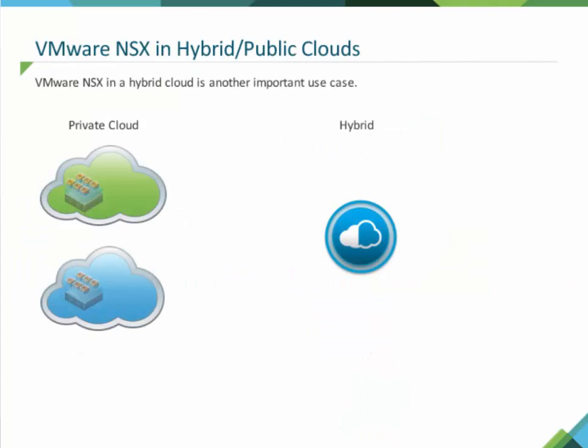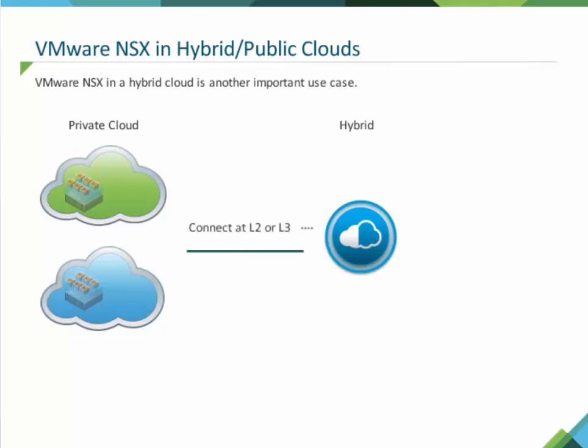VMware NSX in a hybrid cloud is another important use case where VMware NSX plays a key role in connectivity and unified network or security policy between on-premise workloads and hybrid cloud. Technologies such as VMware NSX L2 VPN and Site-to-Site VPN with IPsec enable seamless connectivity between on-premise and hybrid cloud resources.